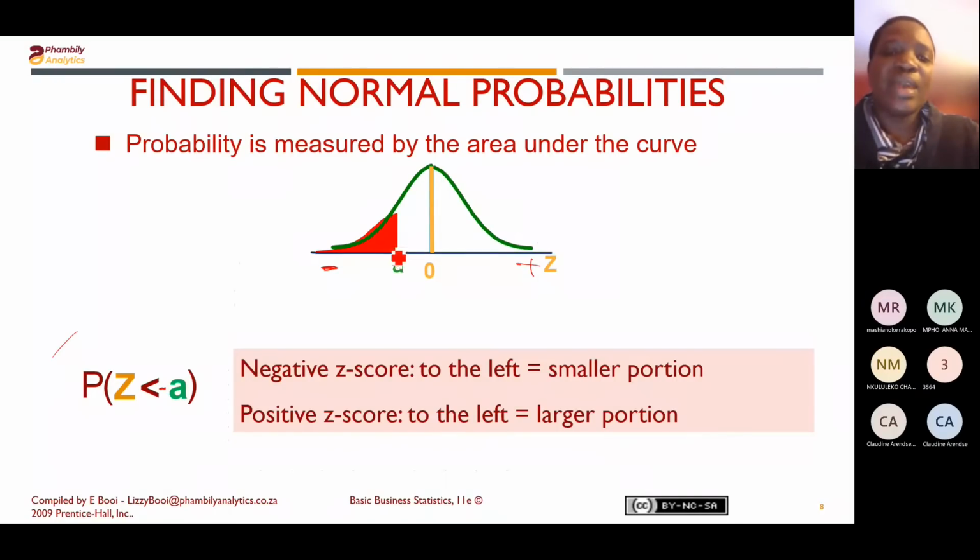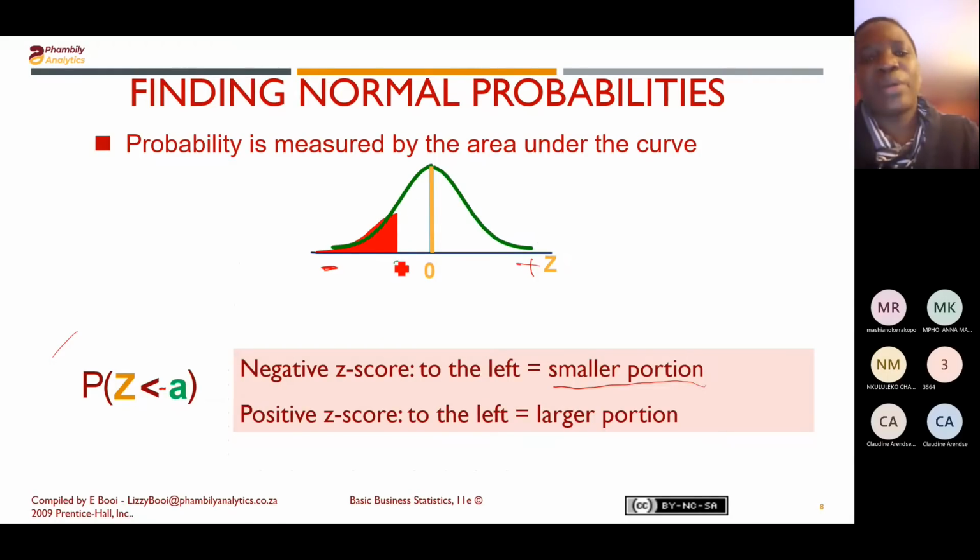So now, since the area that I'm looking for is shaded, it also helps me understand which probability I'm going to be looking at, because this shaded area is small as compared to the non-shaded area. Therefore, it means I'm going to be looking at the smaller portion of the table. So you will see now when I explain the table to you.